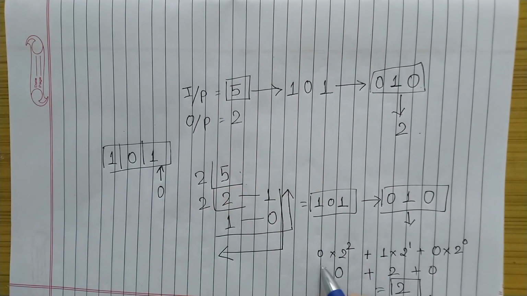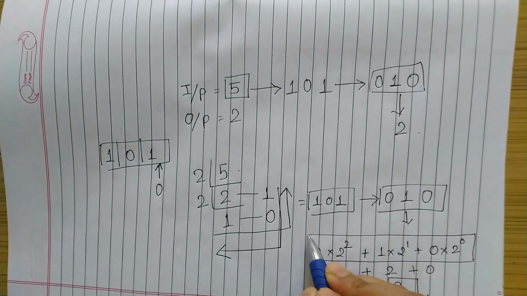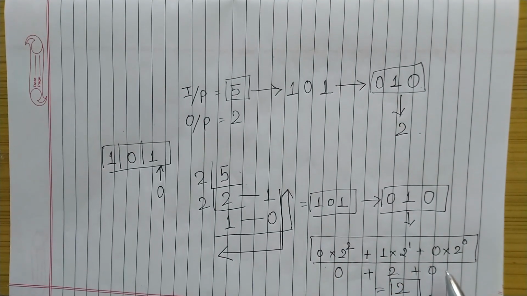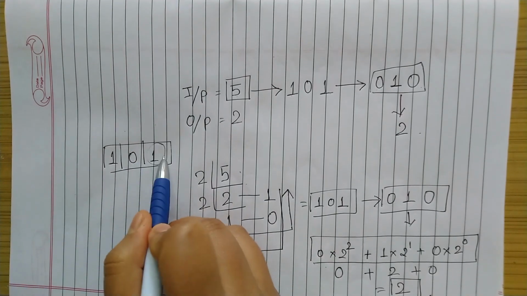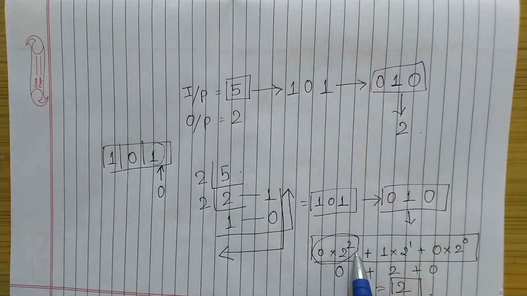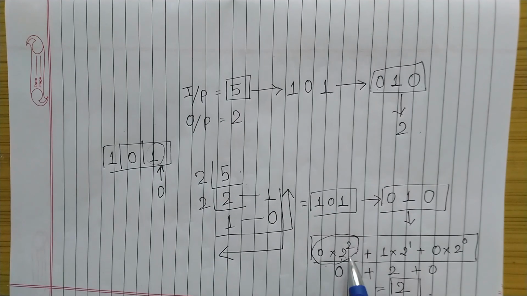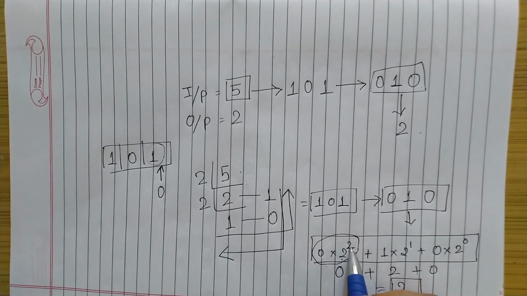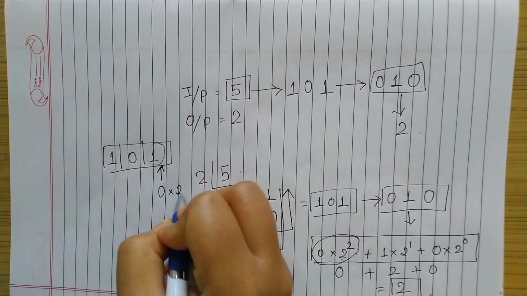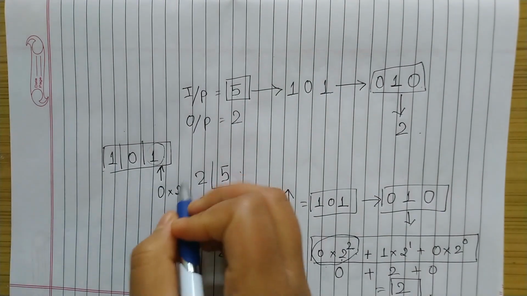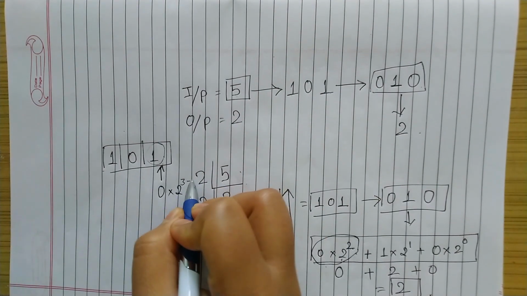And after converting 0, we have to implement this step. So this last digit technically means this one. So we will have to multiply it with 2 to the power 2, that is 2 to the power the number of digits, that is 3 minus 1.